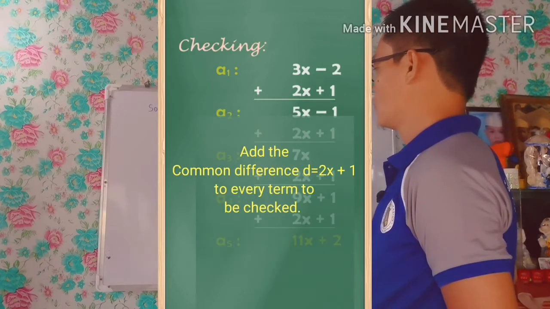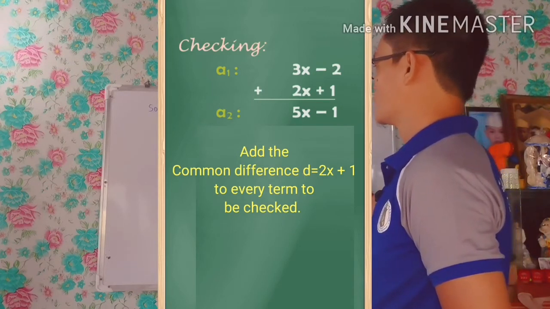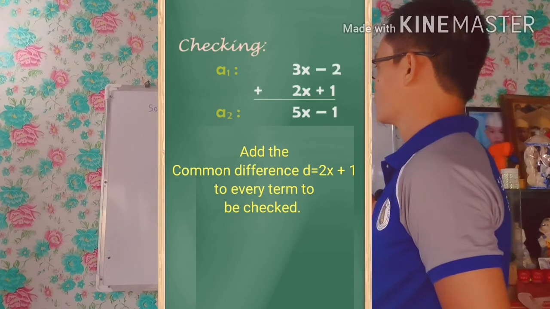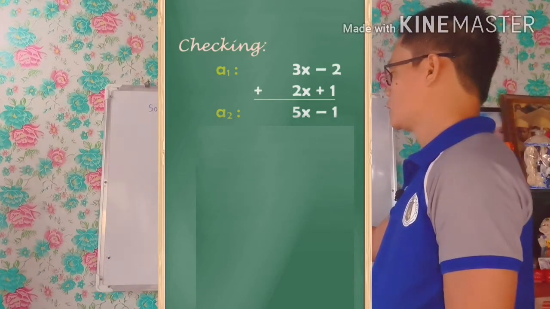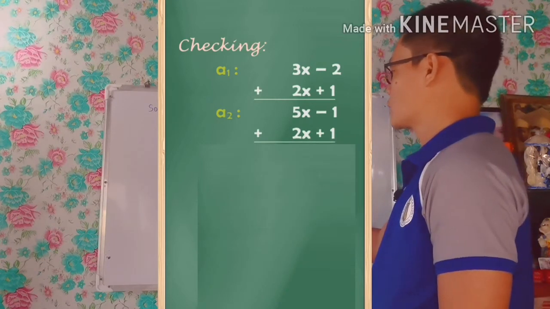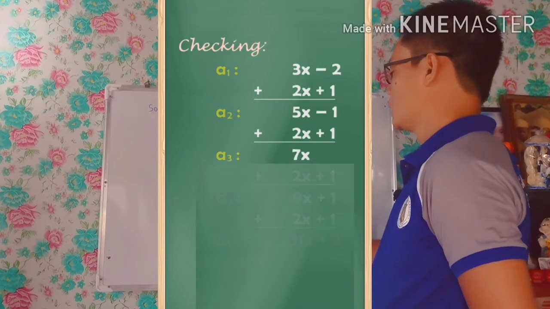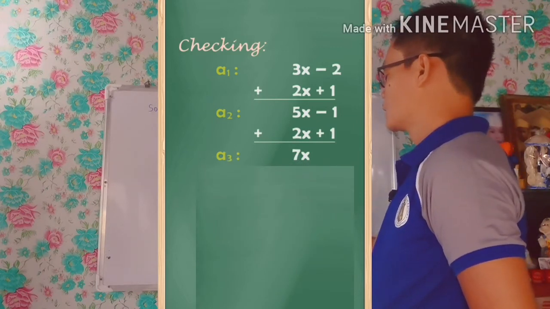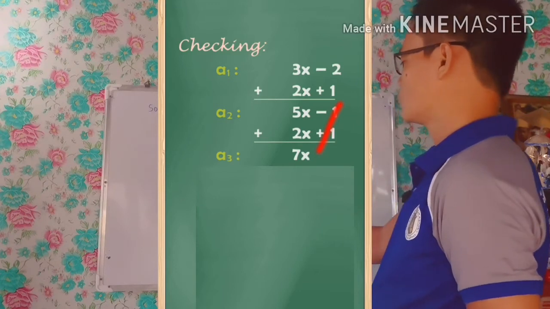We will have 5x minus 1. So the next term is 5x minus 1. This second term is again added to the common difference 2x plus 1. This is our a sub 3, we have 7x. The constants are eliminated, so our answer here is only 7x.